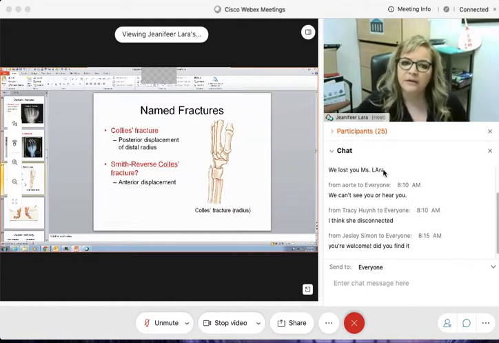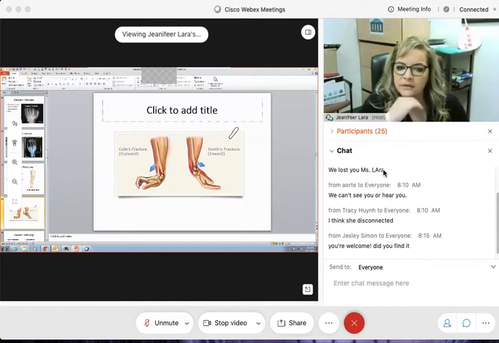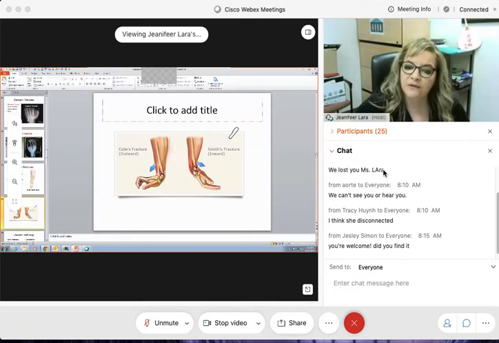We've already talked about the Colles fracture and the Smith. So here are some pictures to give you an idea of the difference between one and the other. With Colles, you're going to have a posterior displacement of the joint, and for the Smith, you're going to have an anterior displacement of that articulation.